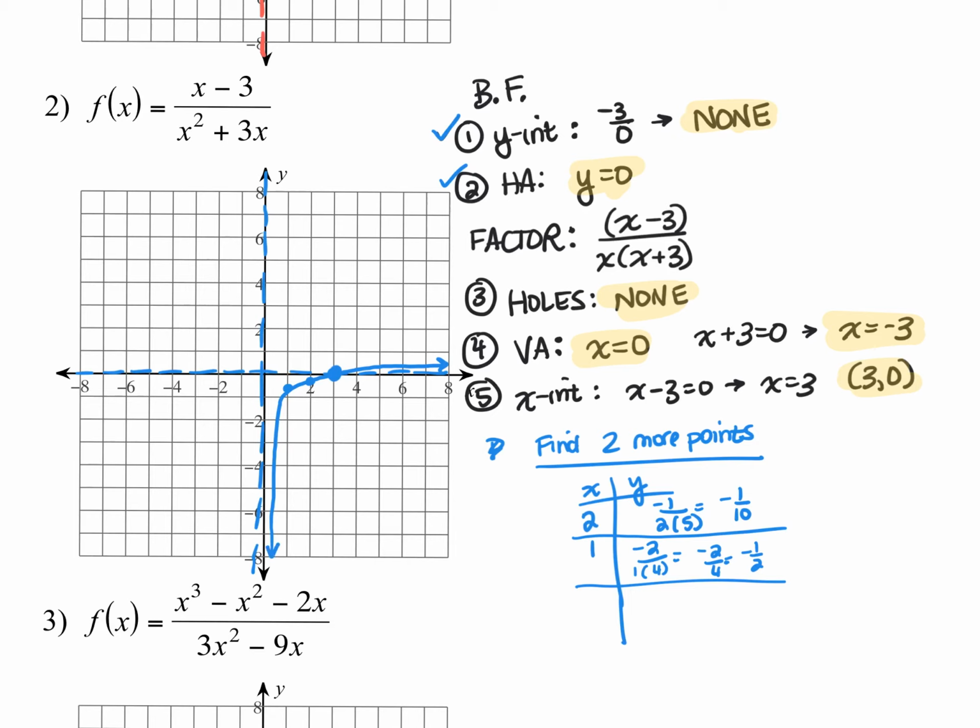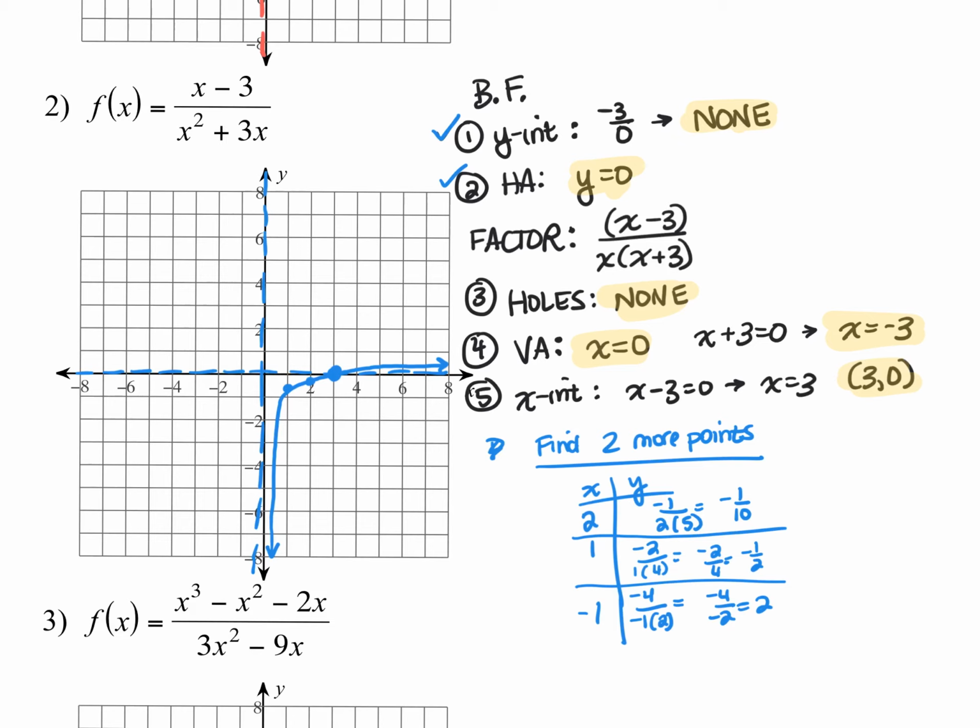Now you could pick a couple of points on the left of that vertical asymptote. So for instance, let's say I picked negative 1. I get negative 1 minus 3, which is negative 4, over negative 1 times negative 1 plus 3, which is 2. So we get negative 4 over negative 2, which is positive 2.